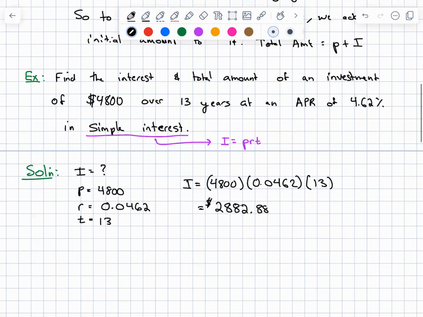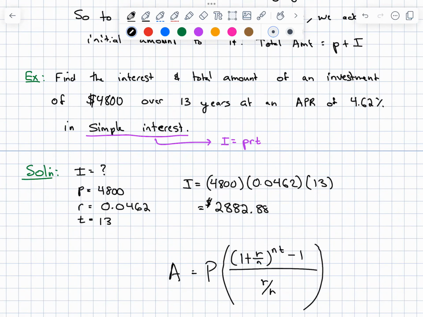If memory serves, you don't need to write this down, but A is equal to P times 1 plus R divided by N raised to the NT minus 1 over R over N. I think that's the formula, which is very long, and it's got fractions within parentheses. It's very easy to make a mistake when you're using this calculation. I think it's actually R, where R is your monthly payment.